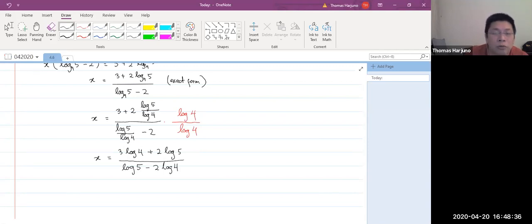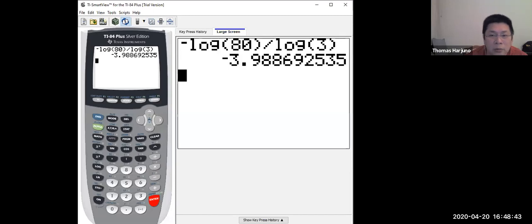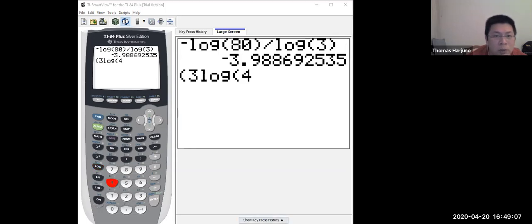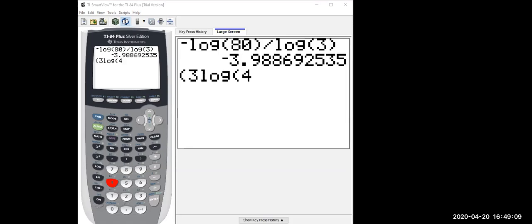You can try that too. So this will be 3 log 4, I'm sorry. You know what? I need to use parentheses first because later on I will divide this whole chunk on the top by something on the denominator. 3 log 4 plus 2 log 5.